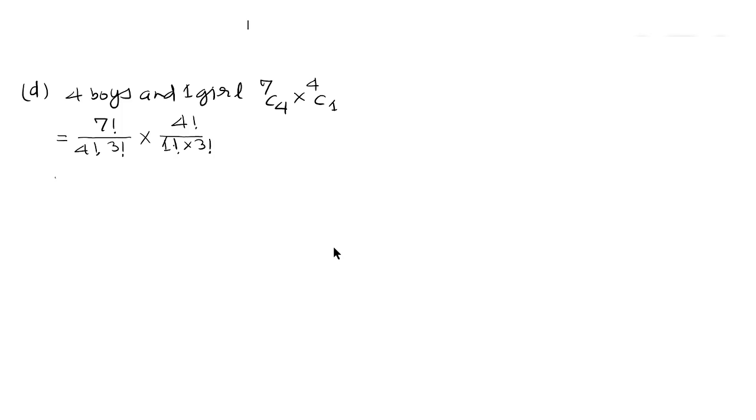This is equal to 7 factorial, which can be written as 7 multiplied by 6 multiplied by 5 multiplied by 4 factorial, upon 4 factorial, and 3 factorial can be written as 3 into 2 into 1, multiplied by 4 factorial, which can be written as 4 multiplied by 3 factorial, upon 1 multiplied by 3 factorial.